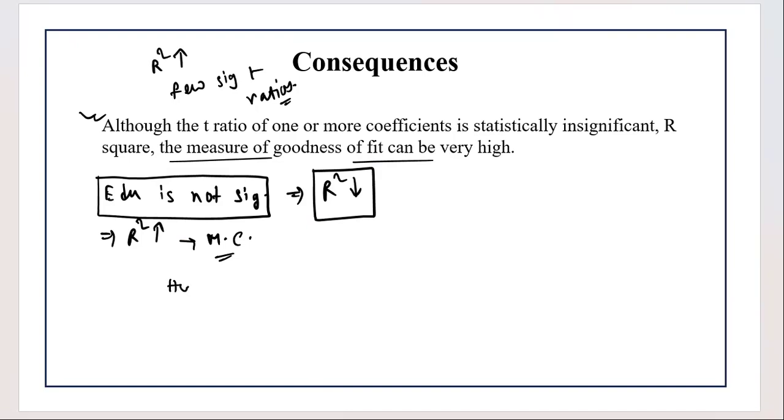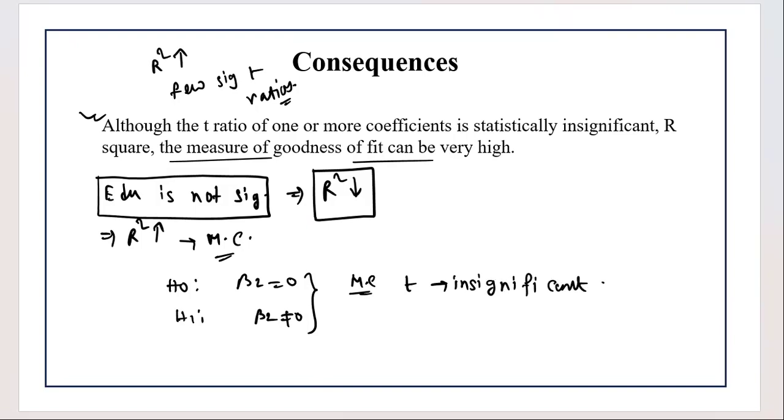So what I'm saying is that suppose H naught is beta 2 equals 0 versus H1 is beta 2 not equals 0. Suppose this is the hypothesis. So under multicollinearity, what will happen? The T statistic will be insignificant, very small. It will be very close to 0. So the null hypothesis, beta 2 equals 0, is accepted, which basically means the x2 variable associated with this is statistically insignificant.